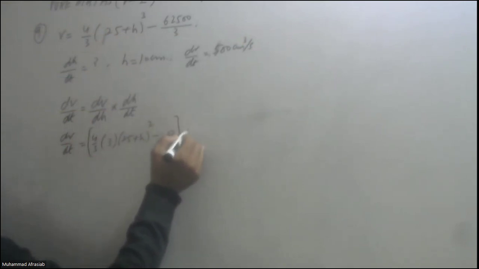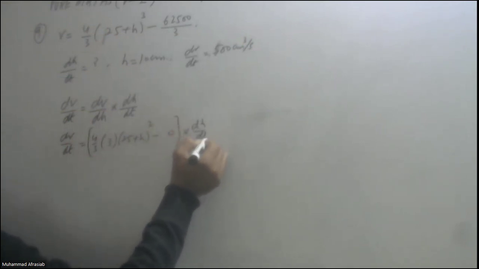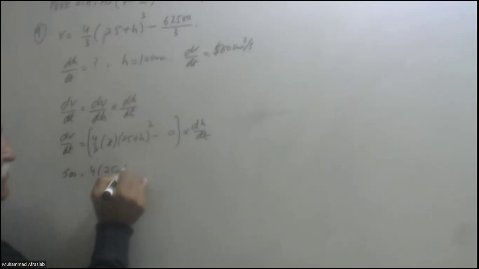So this dV by dt is equal to 4 over 3 into 3 into (25 plus h) power 2, minus the constant 0, into dh over dt, where dV by dt is given equal to 500, that is 4 into (25 plus h) whole square multiplied by dh over dt.